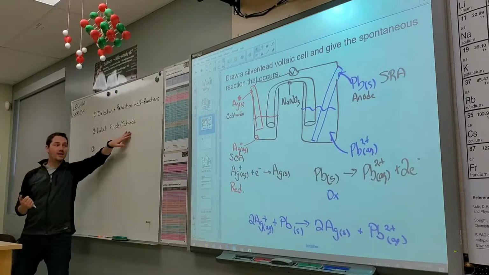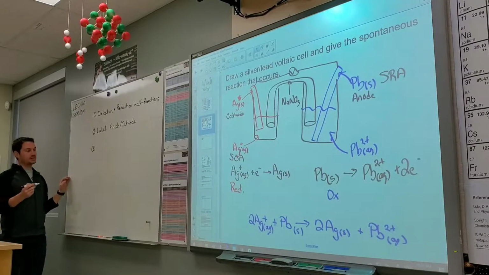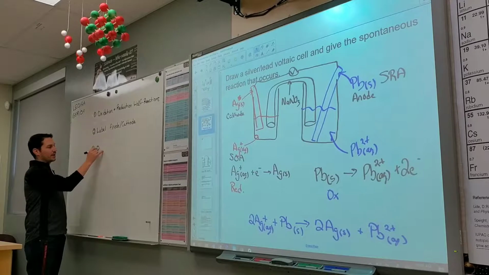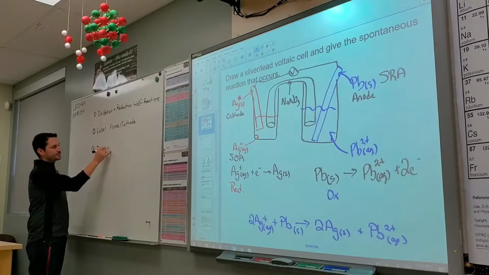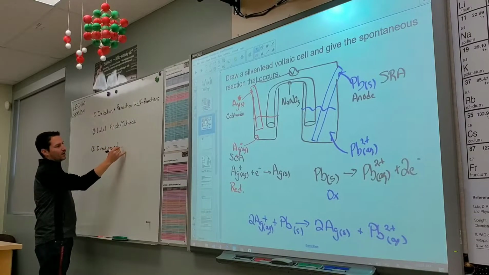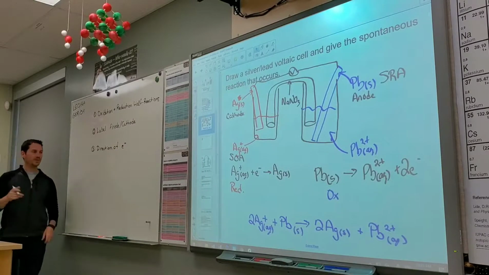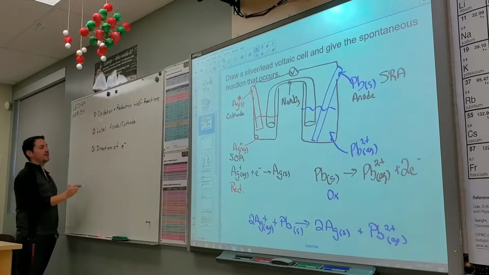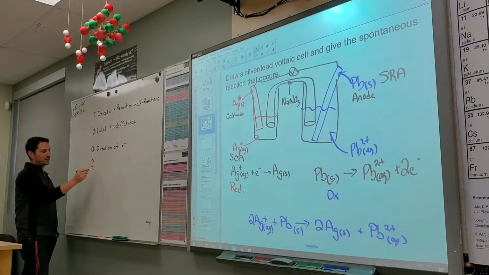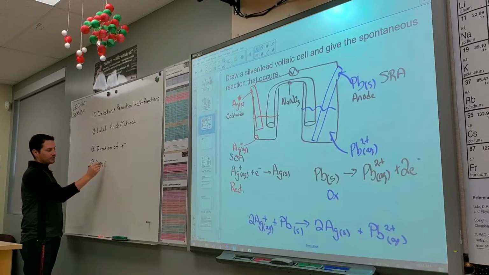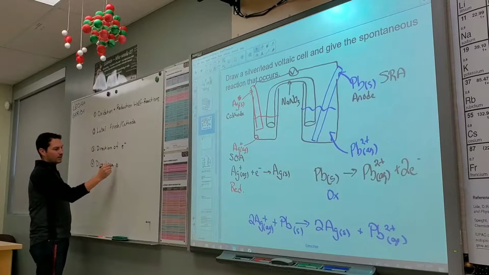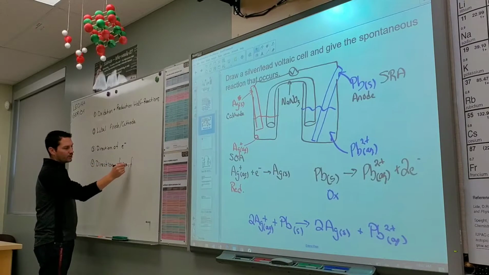Then you should be able to label the direction of the electricity, so where the electrons are going from and to. Also, because of the anode and cathode, you should be able to label the direction of the ion flow.